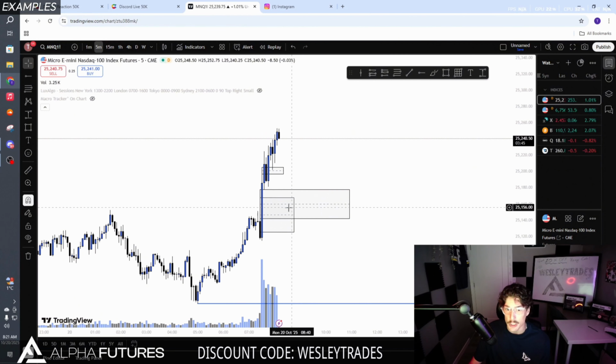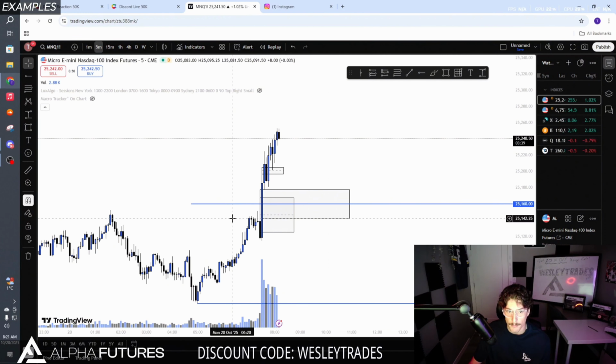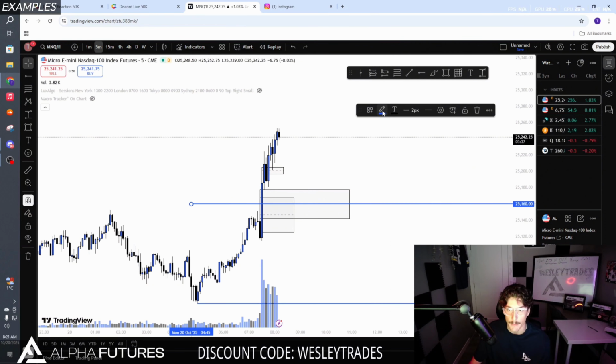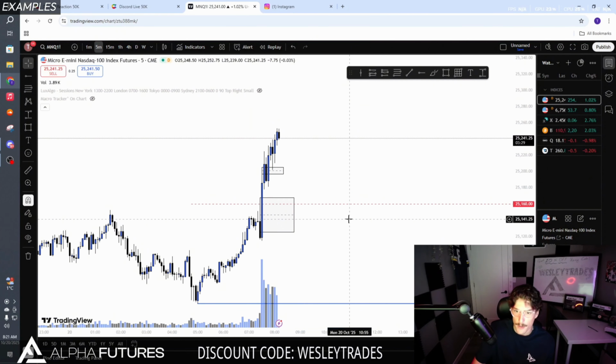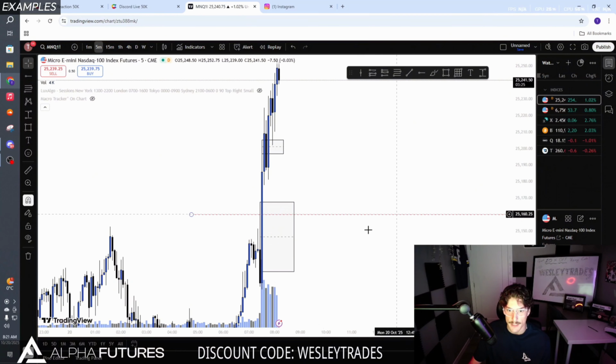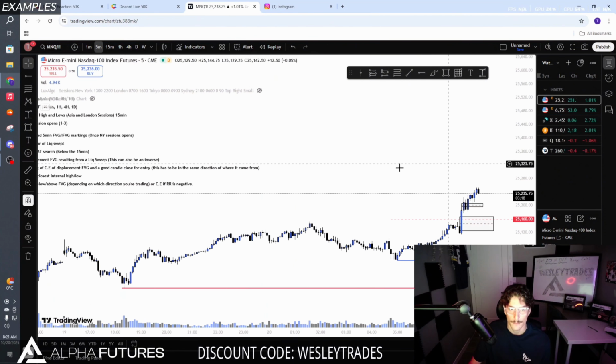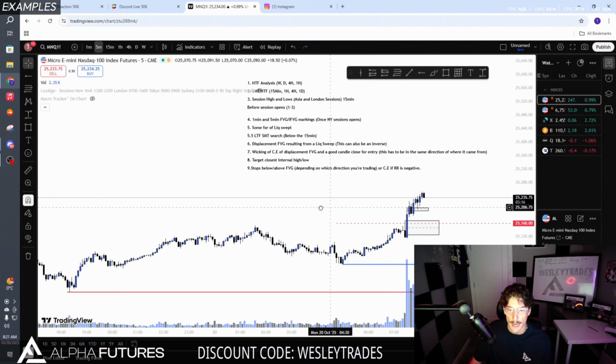And then instead of just leaving the box on, I'll add this horizontal ray and I'll just bring it right up to CE. And then I'll just go like this, dash the line, turn it red for a CE marking. So now that I know, all right, the dashed line across is a 5 minute fair value gap CE marking, right? So that is all I do for that.